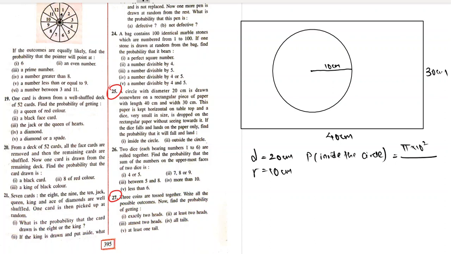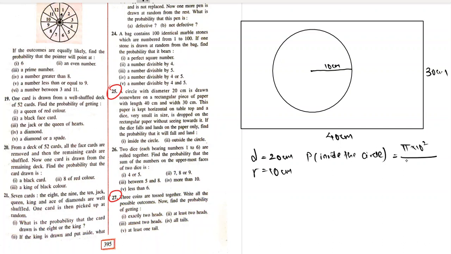What do you call that? The favorable outcomes. So favorable outcome is the area of the circle, and the total number of outcome is the total area of the rectangular piece of paper, because we have assumed that it will always fall on the paper. It cannot fall outside, right?